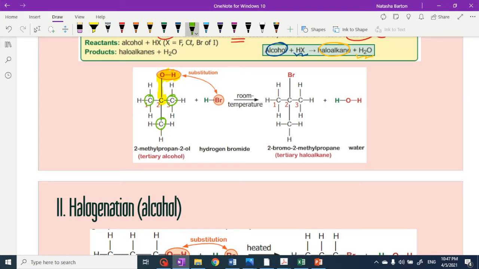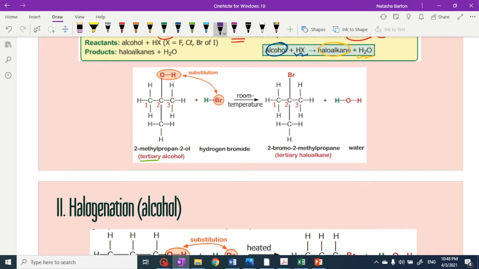And then we call this a tertiary alcohol. So here we have 2-methylpropan-2-ol. This is the alcohol that we are going to react. We're going to react it with hydrogen bromide, which is a hydrogen halide, okay? So hydrogen bromide. And this is how the reaction is going to take place.